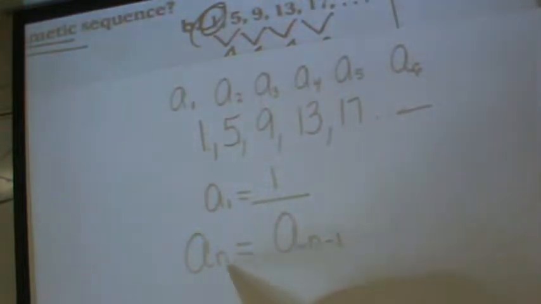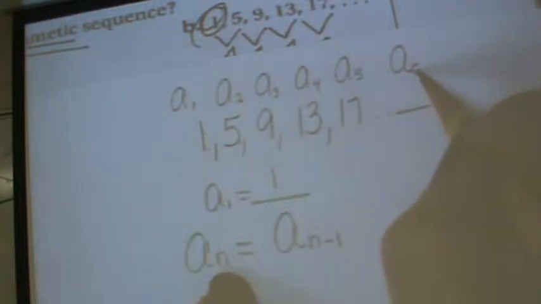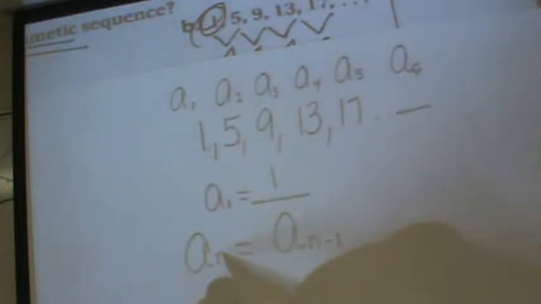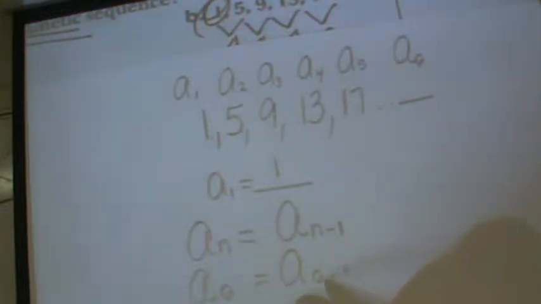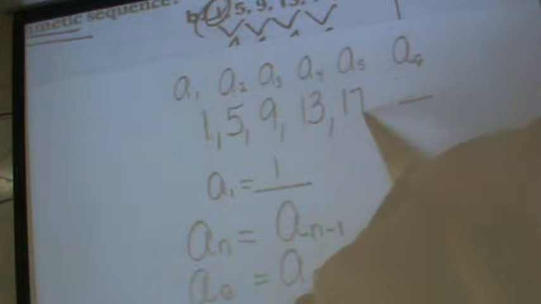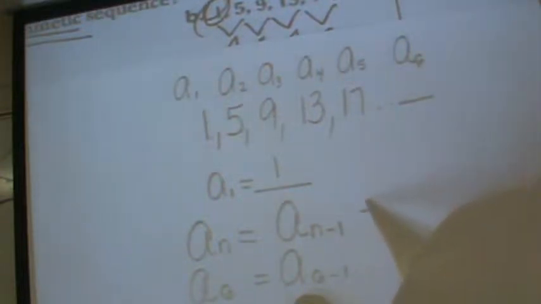That means if you're looking for, if I want to say the 6th term, I'm going to write it underneath here. 6th term, what is 6 minus 1? What is 6 minus 1? 5. So you're really looking at the 5th term, which is what? 17.